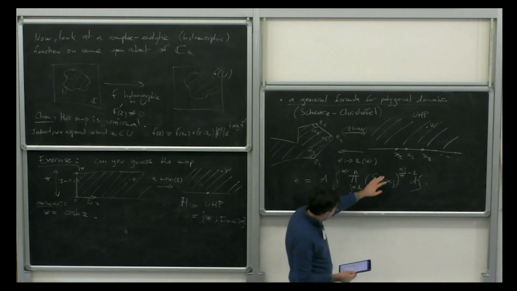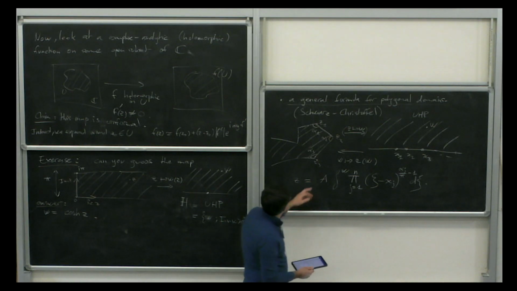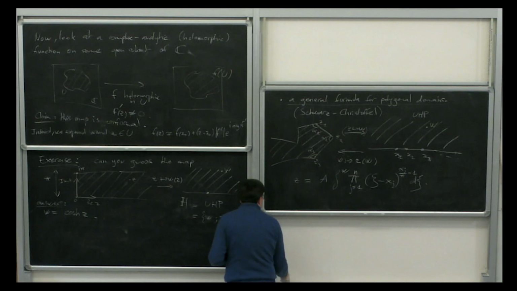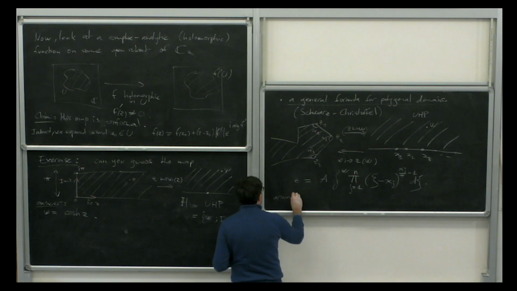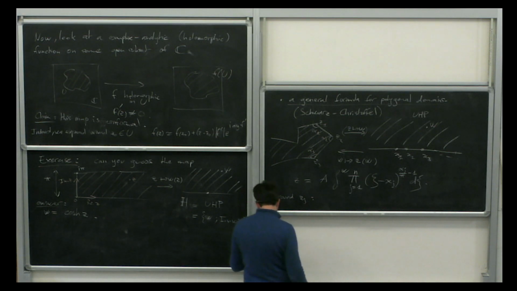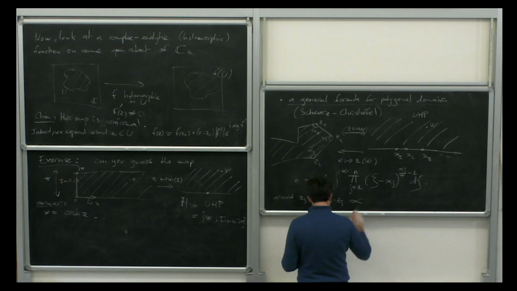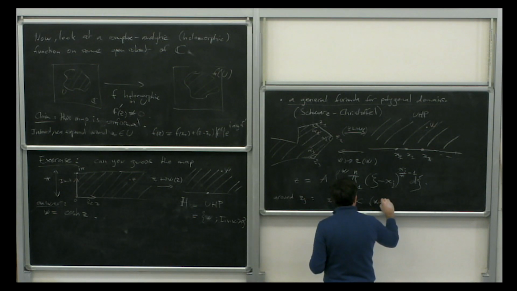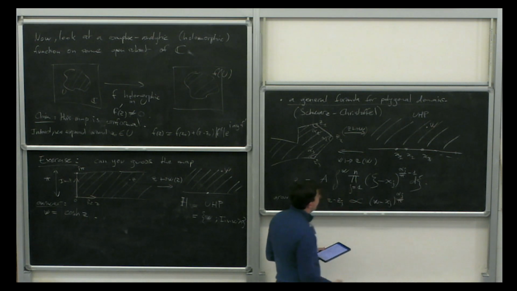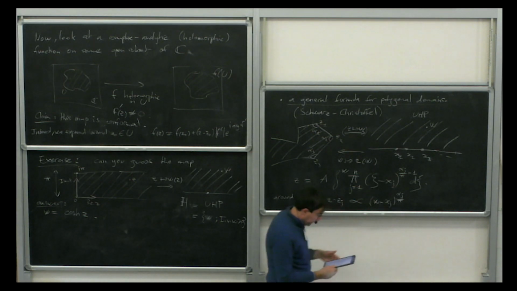This formula is not difficult to recover if you forget it. You just have to look locally at what happens. So why does this formula work? Because around one of the corners, around a point zj, z minus zj will be proportional to w minus xj to the power alpha j over pi, because you get this by integrating that.